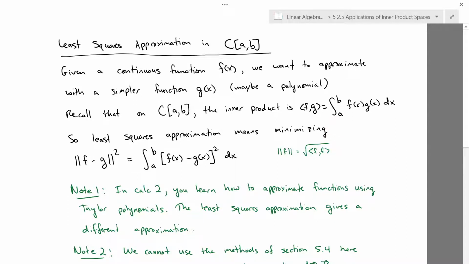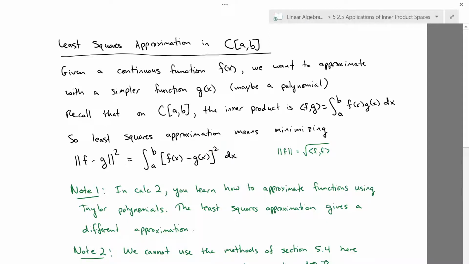And then the inner product of a function with itself is just the integral of the function squared. So that means we want to minimize the squared norm of the distance between the two functions, and writing it out as an integral, it's the integral of f of x minus g of x, squared.